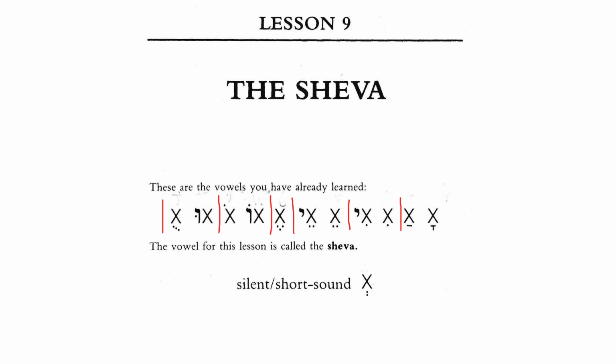We'll talk a little bit more about this as we look at syllables, but it doesn't really matter which way you look at it. As far as these lessons are concerned, we'll see what the book has to say. But just keep in the back of your mind that technically the Shavah is not a vowel, and I'll explain a little bit more as we go along. It's the two dots, one on top of the other, and that is called a Shavah.